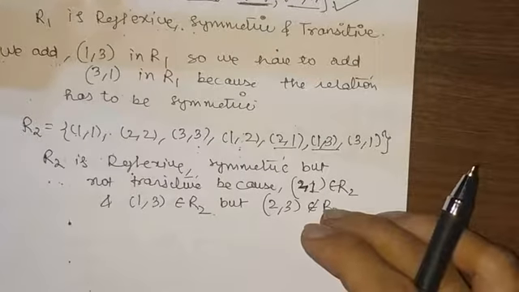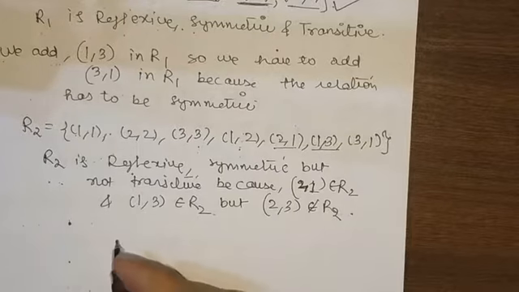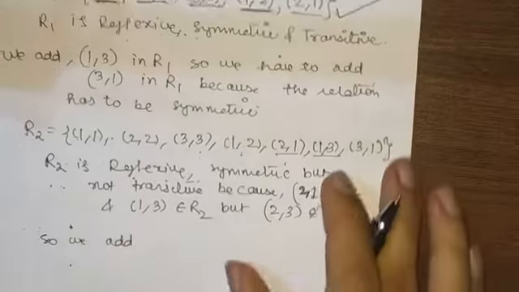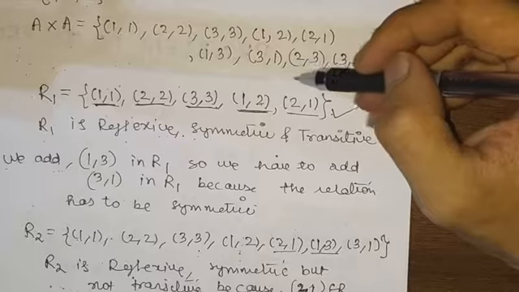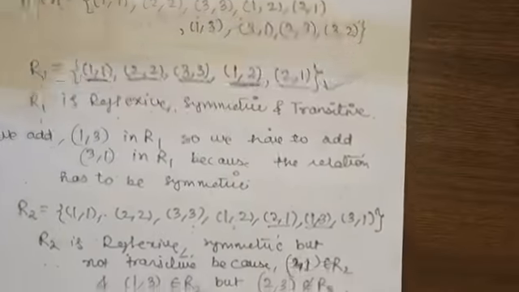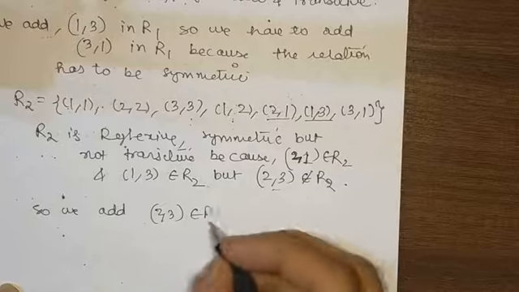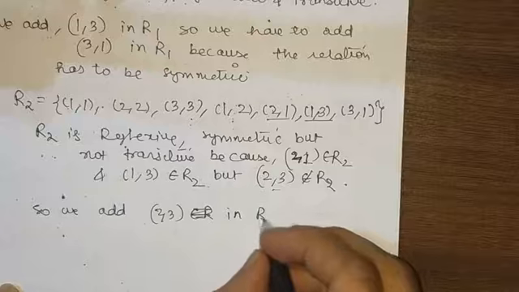Now since it is not transitive but we have to get an equivalence relation, we add the next elements. Which one is remaining? 2 comma 3 was not there, so we add 2 comma 3 in R2.